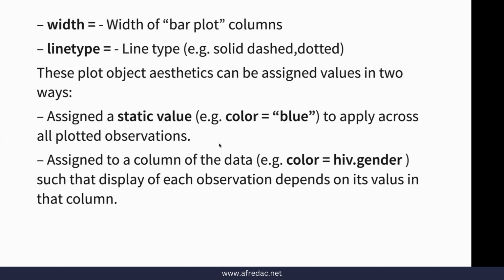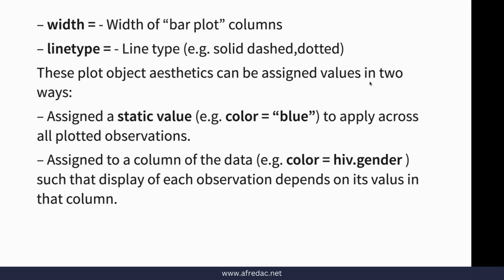The other way is what we call mapping. So you want to map a specific column of the data that will now define the color of the display of each observation. For example, if you use color equals HIV gender, we know that we only have male and female, so the colors defined for male and female will be different.